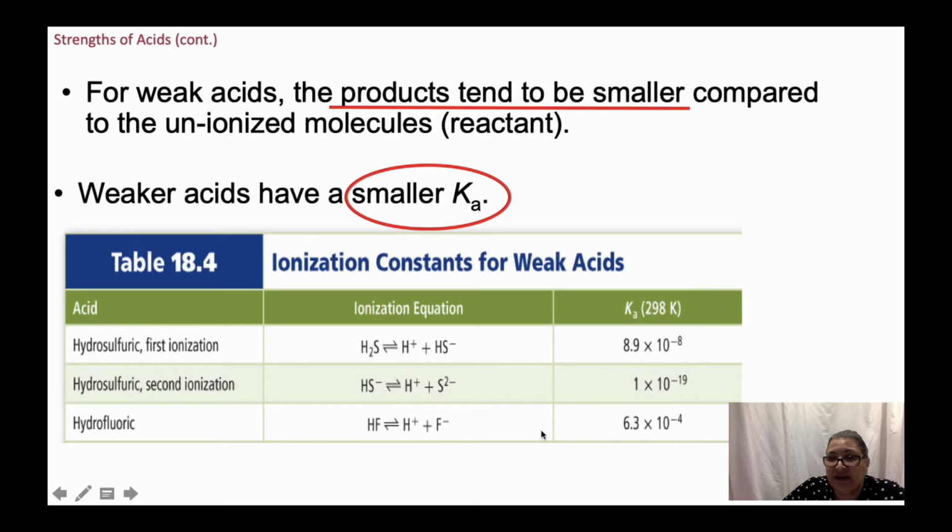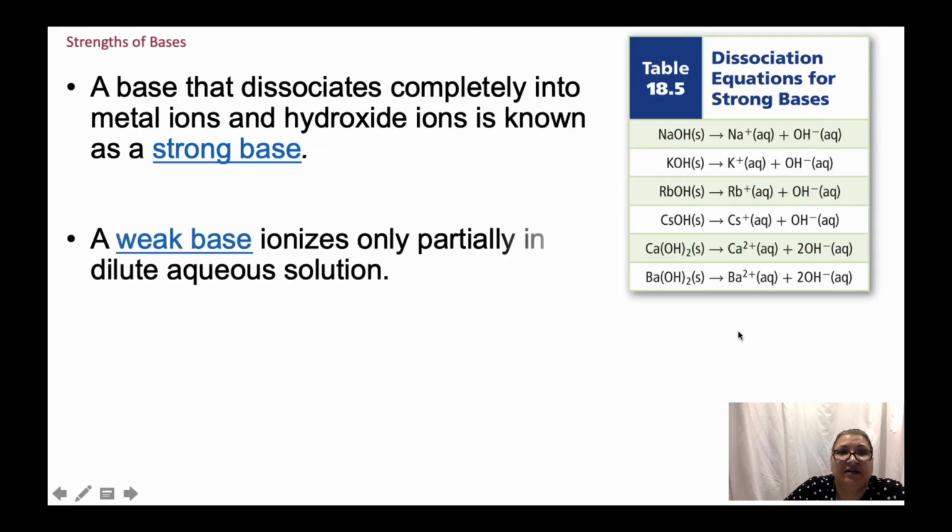So when we look at this table right here, hydrofluoric acid is 10 to the negative 4 versus hydrosulfuric second ionization, after it gives the hydrogen, then it will be 10 to the negative 19, which is much, much weaker. So that's one way of looking at it.